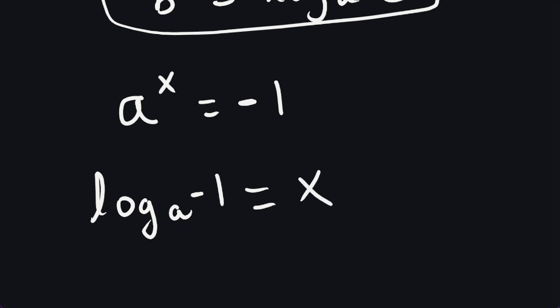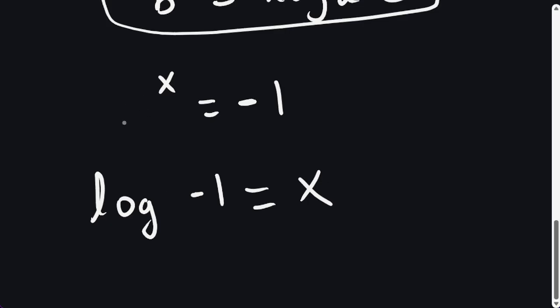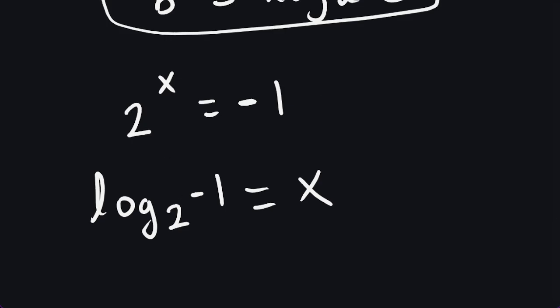You can't actually solve for x here. If you try to put this in a calculator, there's no value. Even if we replace a with a real number, let's say 2, so 2 to the power of x equals -1, okay, go solve for x. We can't do that here because 2 to the power of any number will never become a negative number. It will never become 0.